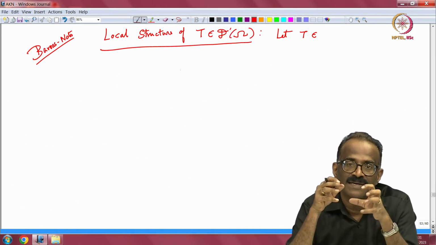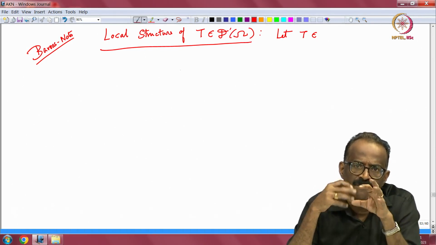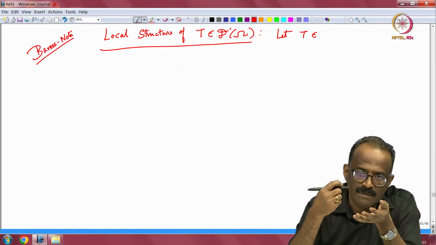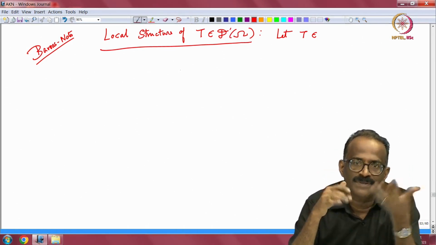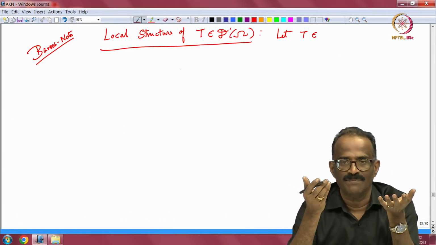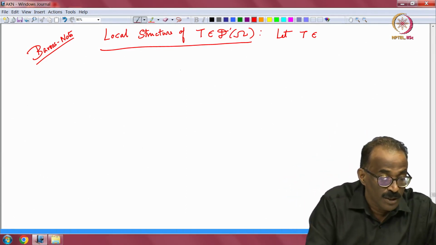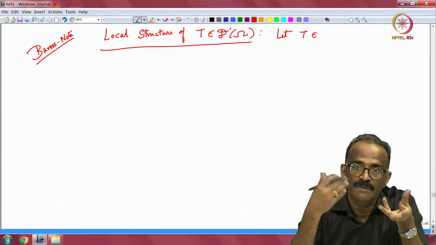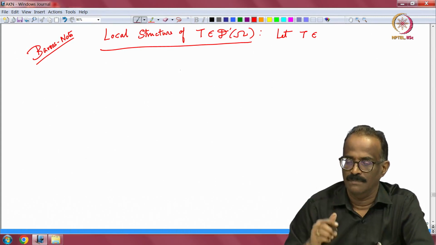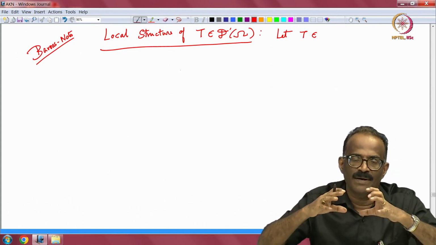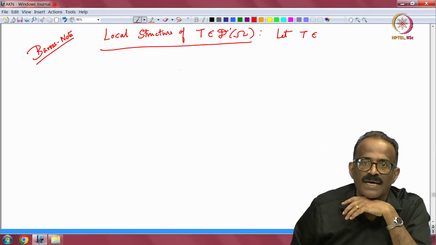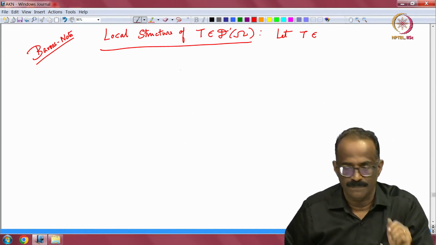So essentially it is telling that locally every distribution is basically some derivative of some locally integrable function. This you can get only locally, but if T has a compact support you get a global representation. That is obvious, because outside the compact support T has no issue. So inside you can write it, and it is a global result.